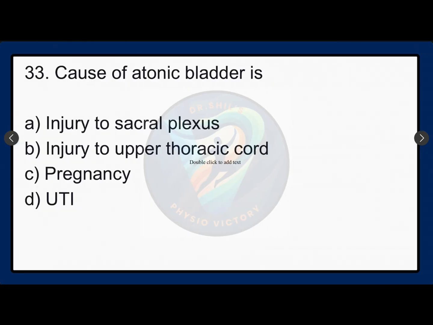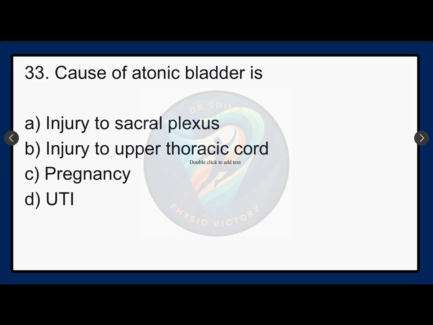Next question, question number 33. Cause of atonic bladder is option A injury to sacral plexus, option B injury to upper thoracic cord, option C pregnancy, and option D UTI or urinary tract infection.